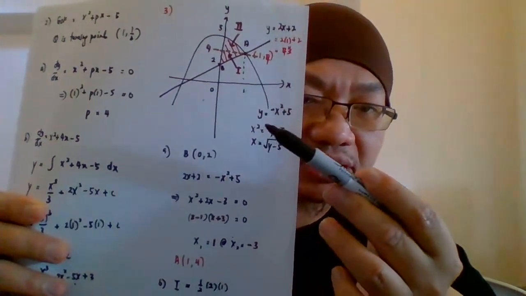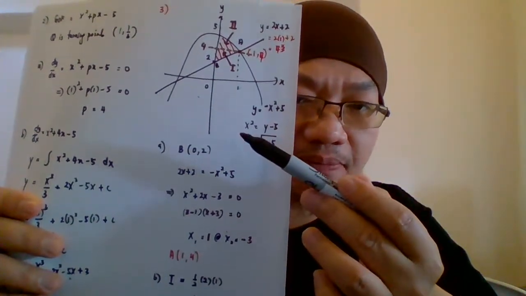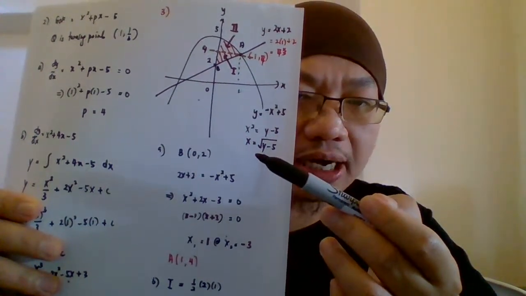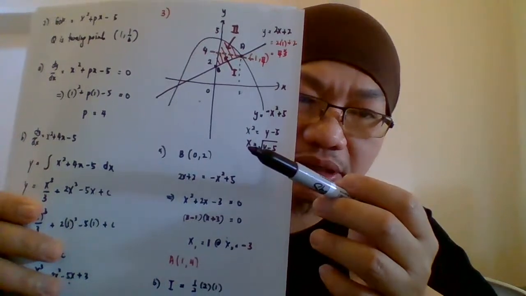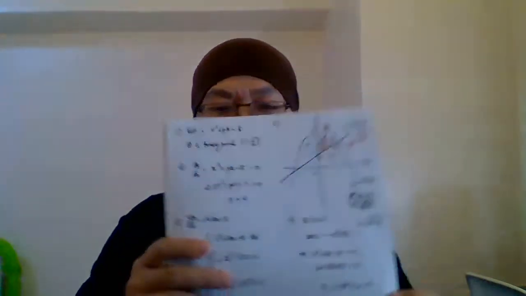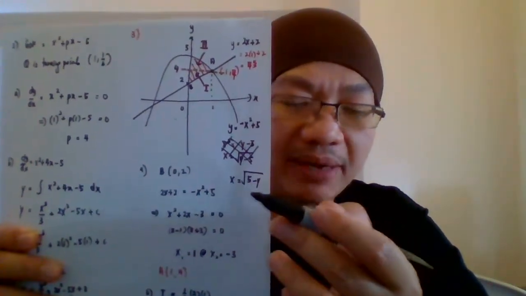When we simplify this equation with x as the subject, x squared must become positive, and the squared moves to the right, it becomes a square root of, sorry, 5 minus y. I made a mistake here. So it becomes x equals the square root of 5 minus y. Okay, not y minus 5.